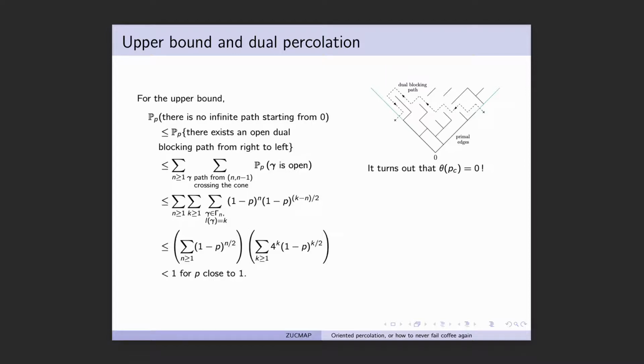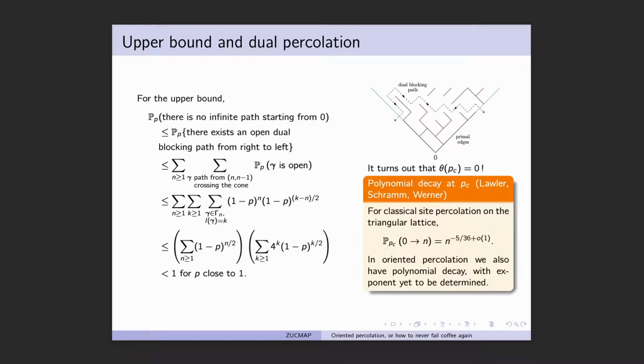And for other types of models, it has been established that it decays with this very surprising polynomial. For oriented percolation, we don't have such a precise description of the probability, but we know it's squeezed between two polynomials. So there's something a bit wild going on at pc.